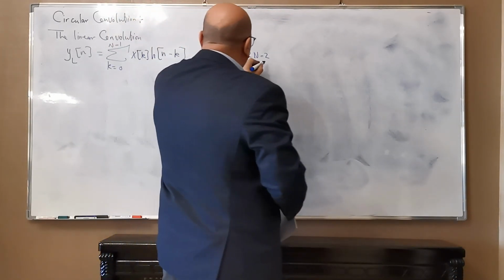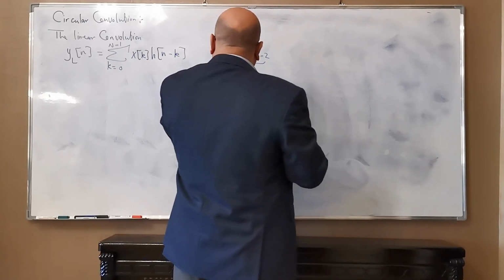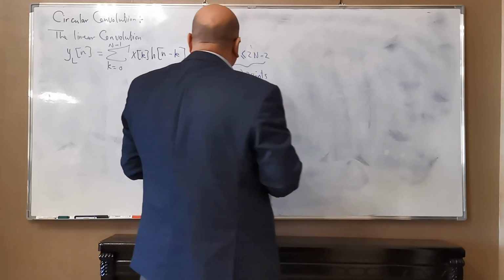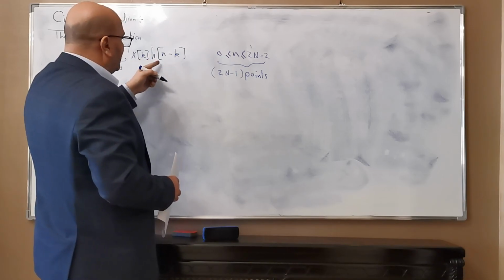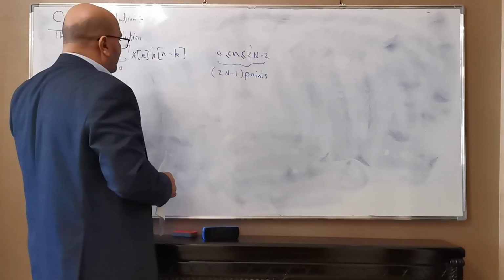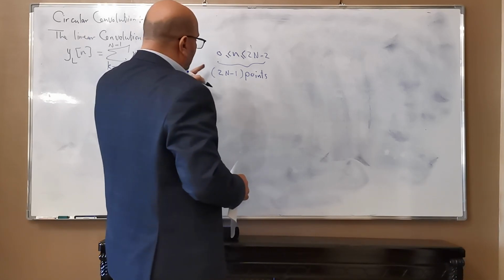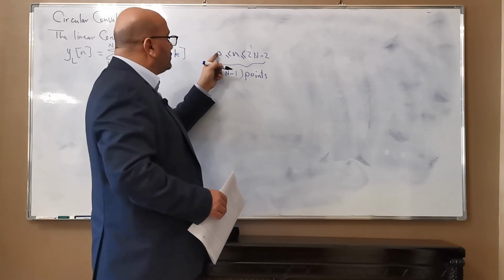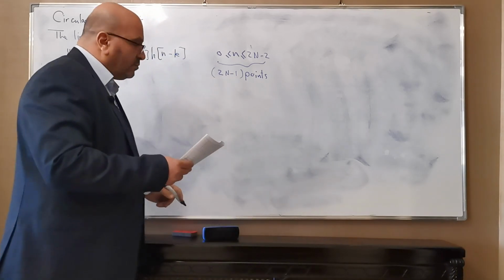Because those are all 2n minus 1 points. x of n is n length, h of n is n length. We know that the linear convolution length is n1 plus n2 minus 1, or n plus n minus 1. So you have 2n minus 1 points, and it starts from 0 to 2n minus 1 minus 1. So it's 2n minus 2.